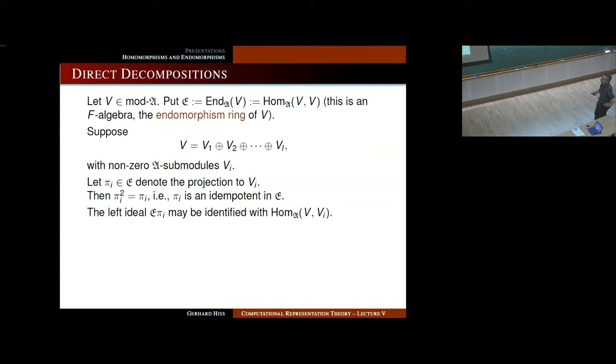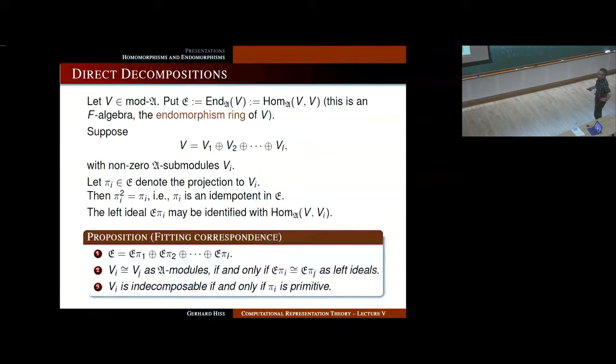And so the left ideal generated by this pi_i is the set of all homomorphisms sending V into Vi. And now we have this nice correspondence between these modules and these left ideals.